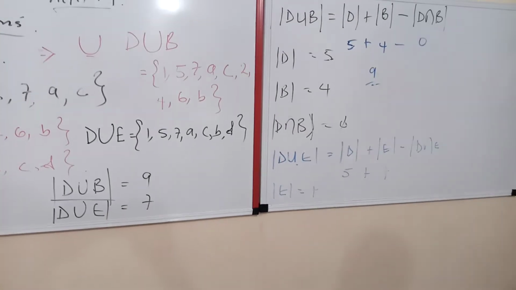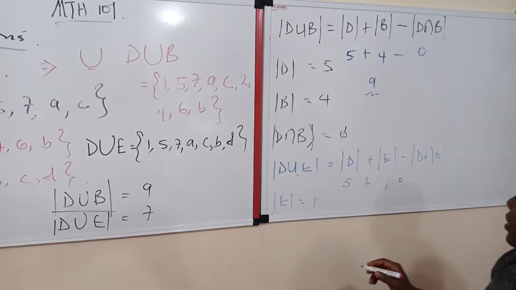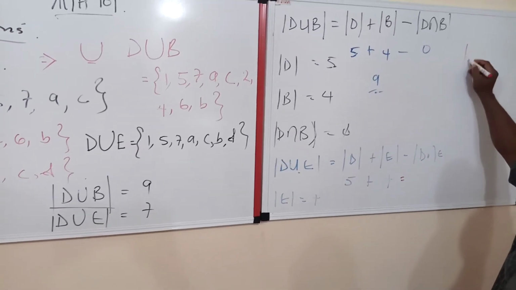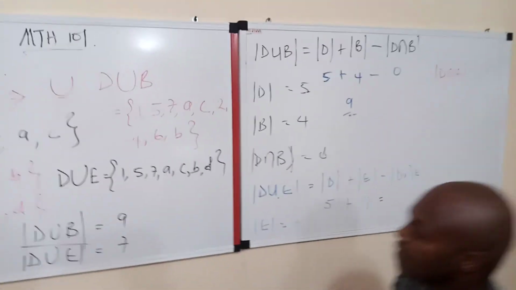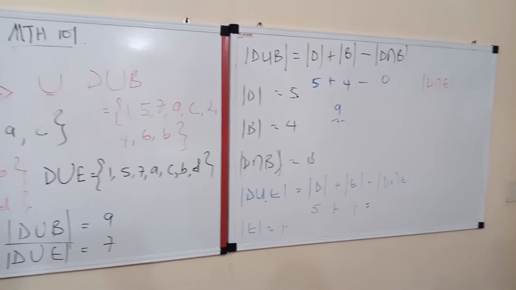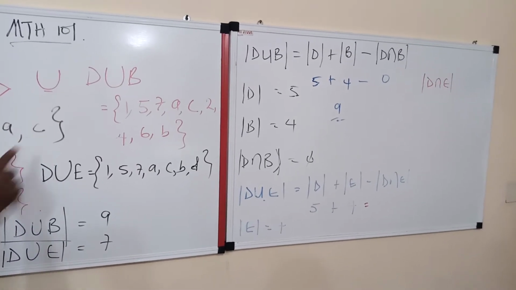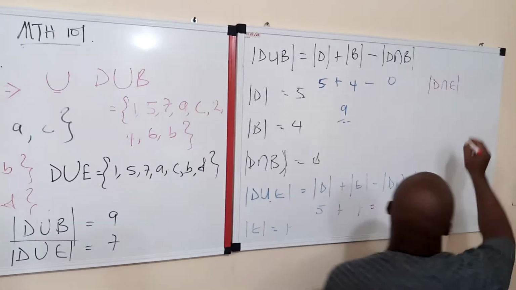Then we say minus their intersection. Do they have anything in common? Let's look at D intersection E. If you look at it, we have A here, we have A here, so that is 1. We have C here, we have C here. So they have 2 elements in common.